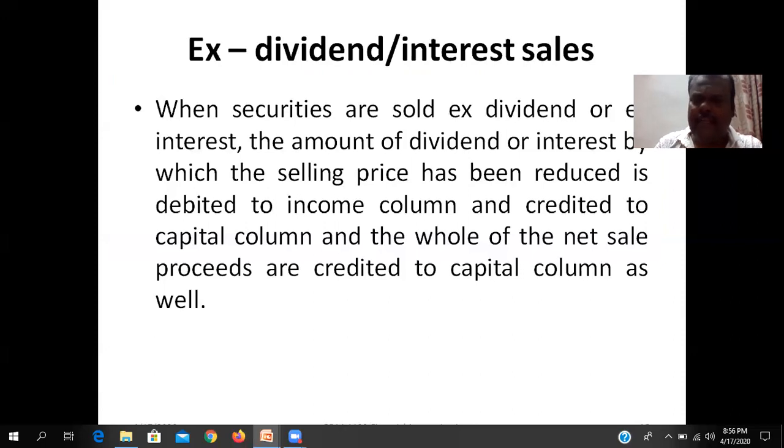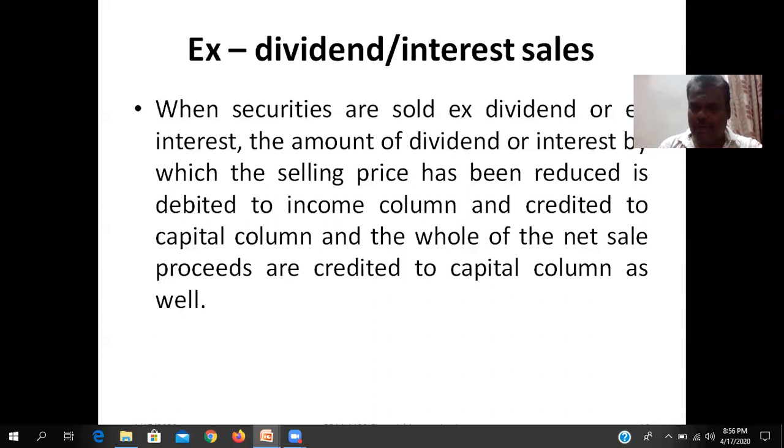Then we can think about the ex-dividend or ex-interest sales. Maybe you know that when the securities or investments are sold ex-dividend or ex-interest, the amount of dividend or interest by which the selling price has been reduced is debited to the income column and credited to the capital column.